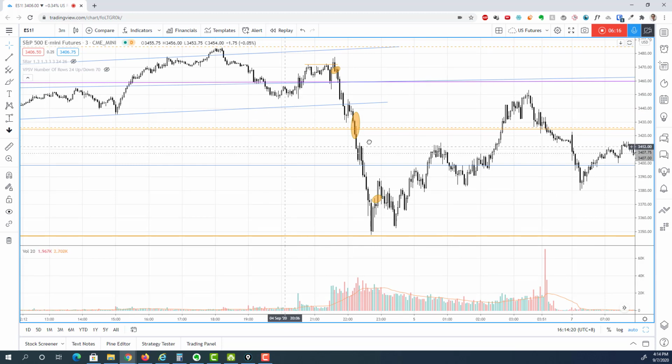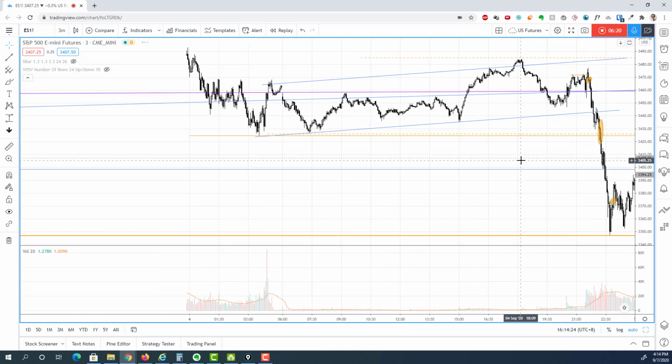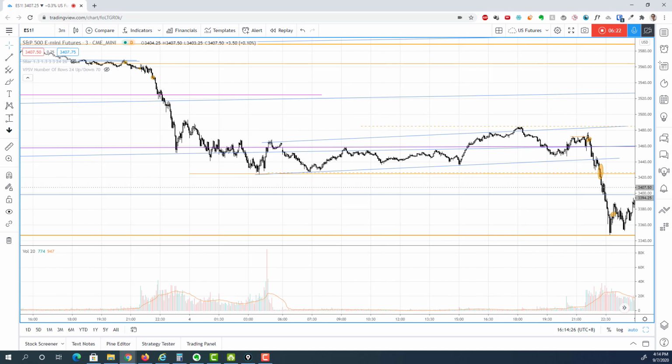As you can see, just prior to the US opening, let me zoom out a little bit here. Here's the context. We have a very sharp sell-off followed by an automatic reaction, and then eventually we formed a descending wedge, and here comes the change of character.